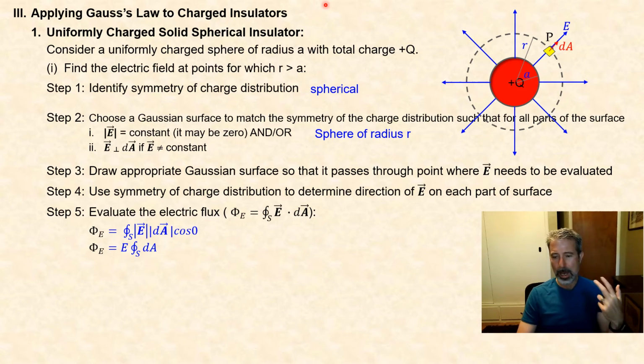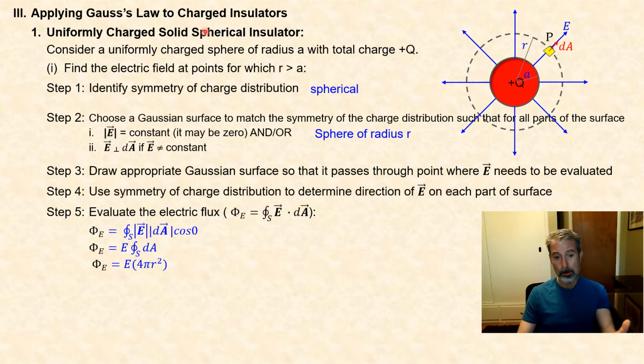What do you get when you add up all those infinitesimal pieces of area for the entire closed surface? You just get the total area of the surface. This is easy, right? So for our Gaussian surface, the surface area is just 4 pi r squared, the area of that sphere.